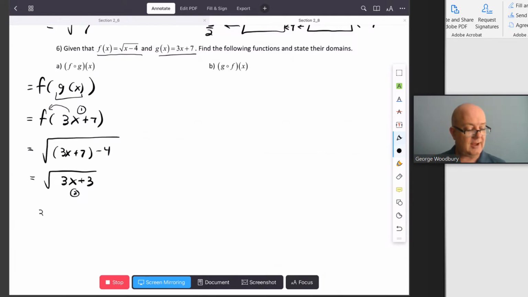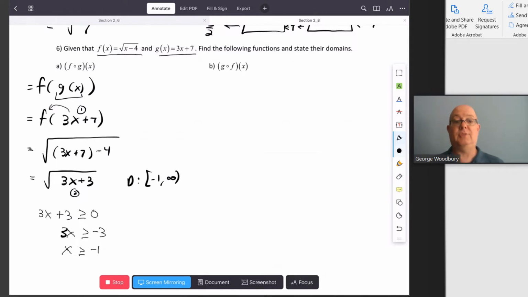So for the domain, I have to set 3x plus 3 to be greater than or equal to 0. And solve that. 3x is greater than or equal to negative 3. Divide by 3, x is greater than or equal to negative 1. So the domain for this function is negative 1 comma infinity, including the negative 1.